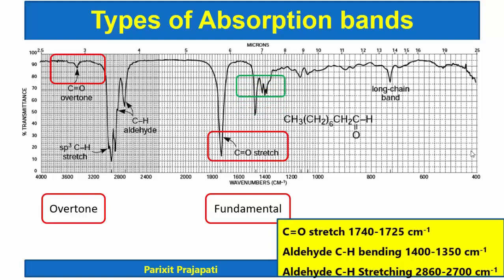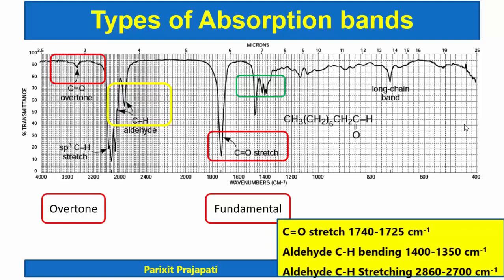That band is because of aldehyde CH bending. Now you can also predict where the overtone of this CH bending should be. This is around 1400, so its overtone should be at around 2800.